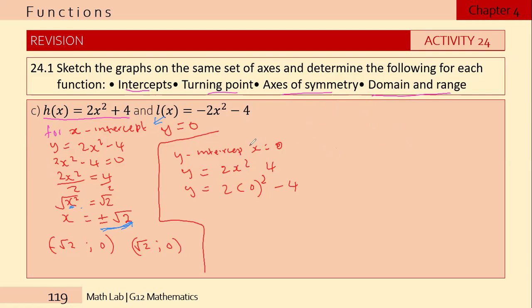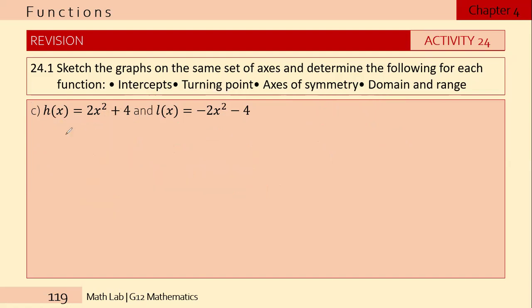All right, so for the y-intercept, x equals 0. What did I do here? No, wait a minute, there's a mistake I made here. I put the minus instead of plus. Okay, let me start all over again.